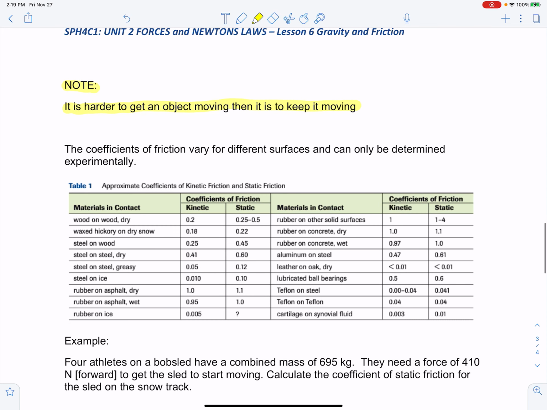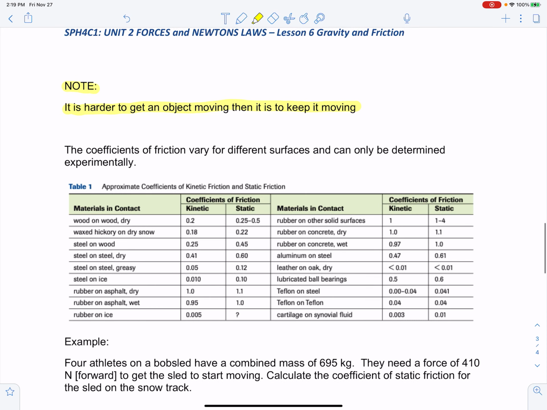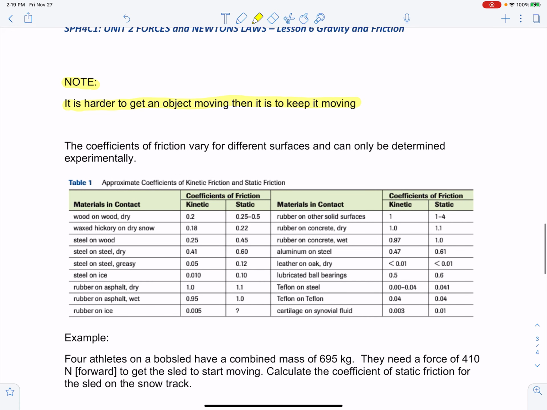Here we have a list of coefficients of friction. You can see this is a chart that shows these constant values. These values don't change, and you'll often have to look these values up in a textbook or online if you're trying to determine the force of friction between two surfaces.